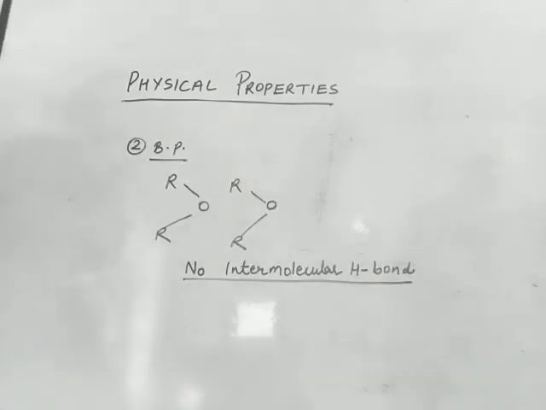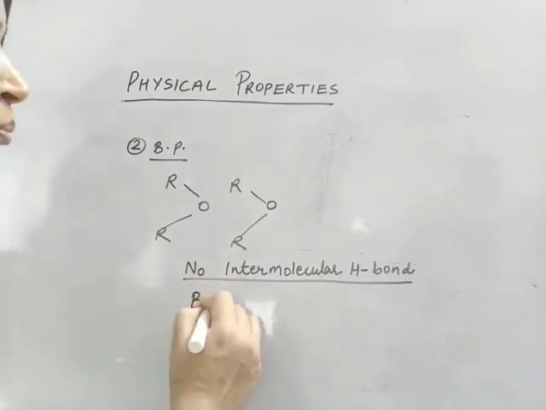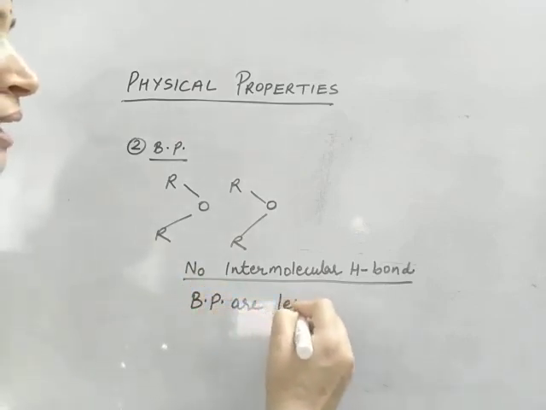Now the second physical property that we are discussing is boiling point. Ethers do not make any kind of intermolecular H bond. Although ethers have oxygen atoms, they don't have any hydrogen attached to the oxygen. So they lack intermolecular H bonding, and since they lack intermolecular H bonding, their boiling points are relatively less.